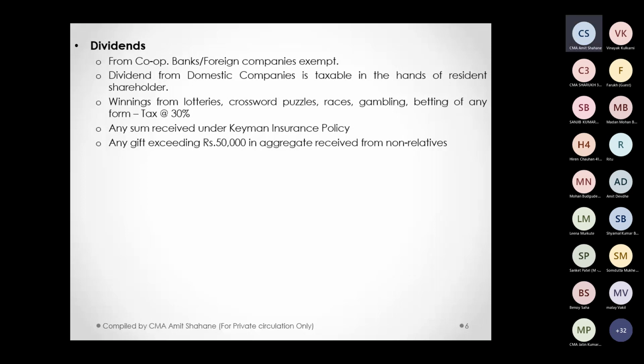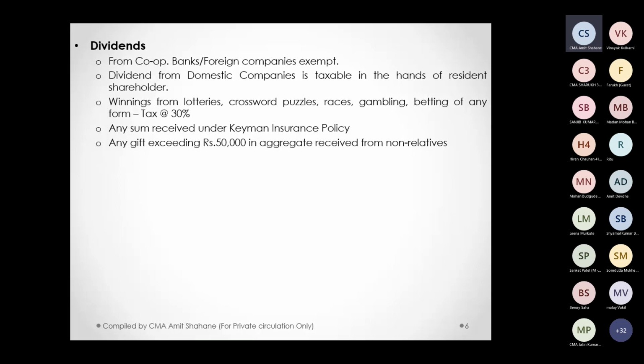Now, I hope everybody is aware of the definition of related party. But just to clarify, it includes all your lineal ascendants and lineal descendants. That means if X is an assessee, then his father, mother, his grandfather, grandmother from paternal as well as maternal side will be included, and all those above will be considered as related party.